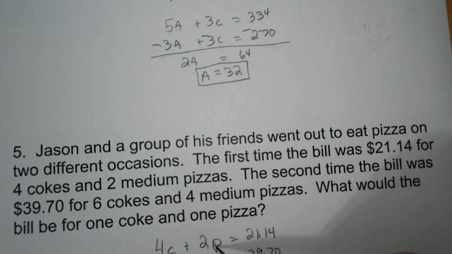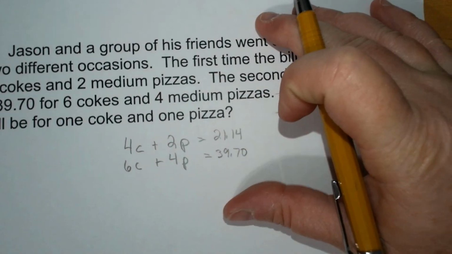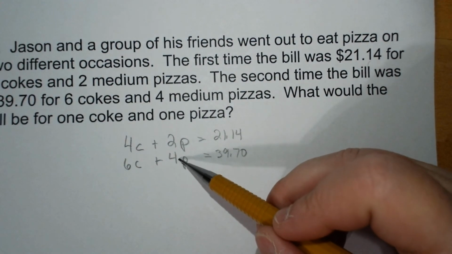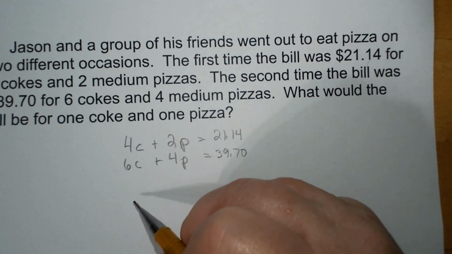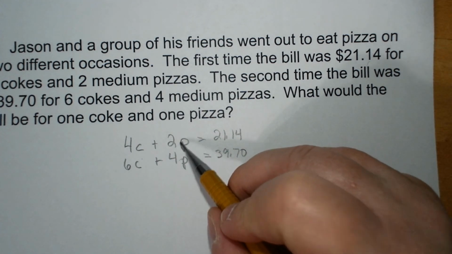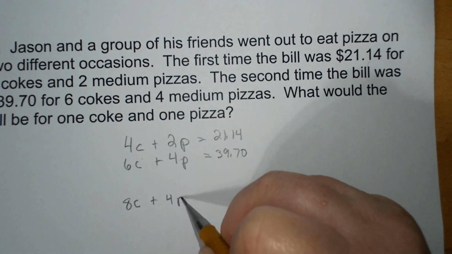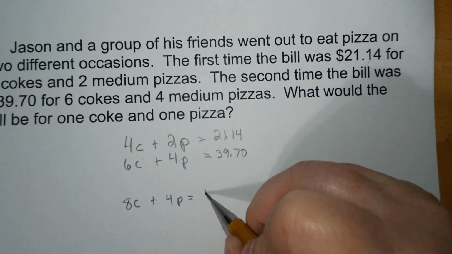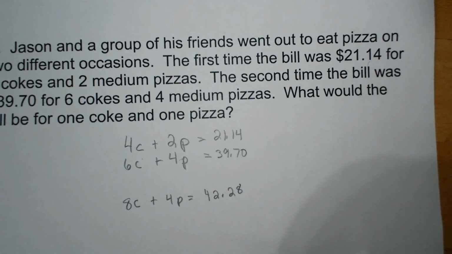Going to get rid of, sorry, didn't mean to do that. I'm going to get rid of the pizza. I'm going to eliminate the pizzas and solve for the Cokes. So I'm going to multiply the top by 2. So 8 Cokes plus 4 pizzas equals $42.28.